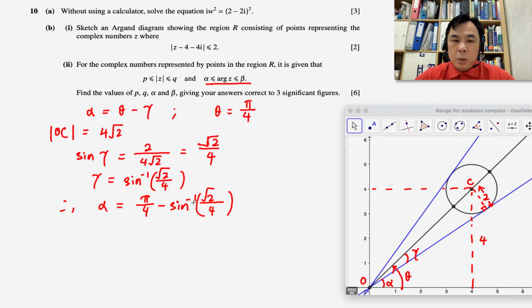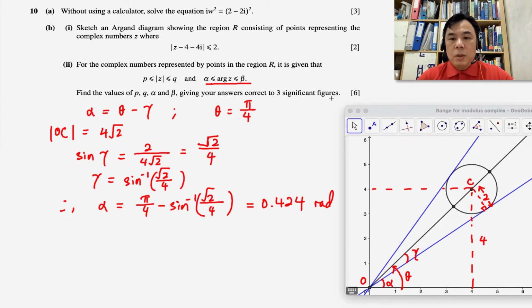I will get this as some decimal number, of course. You can key it into your calculator. After that, we need to subtract that from pi over 4. And then we will get, from my calculator, 0.424 radians, to three significant figures. Okay, now I hope that is clear for the first alpha here.